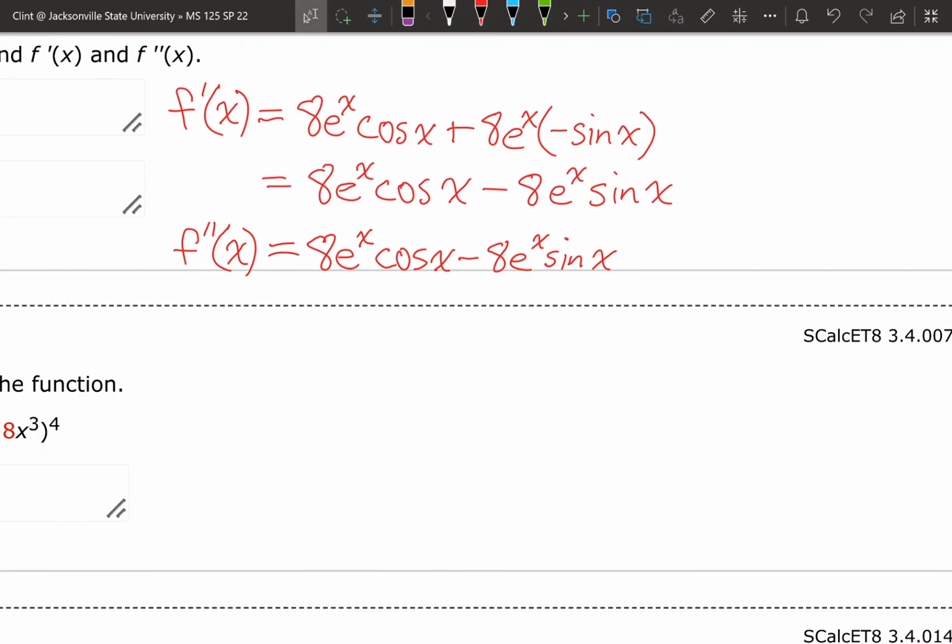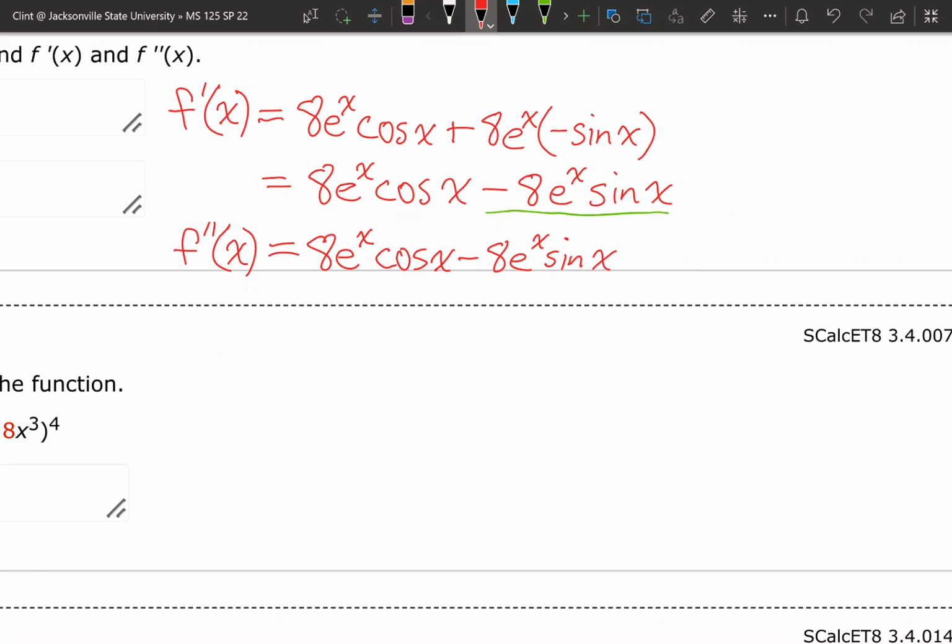So now we need the derivative of that part. So I'm going to think about it as negative 8e to the x times sine x.